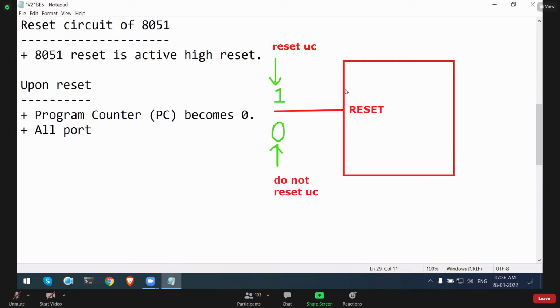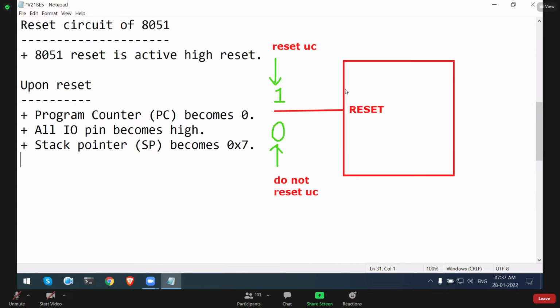Then all IO pins become high. All IO pins become high after reset. This is the case of only 8051. Then the stack pointer, which we call SP, becomes 7, 0x7 or 7.